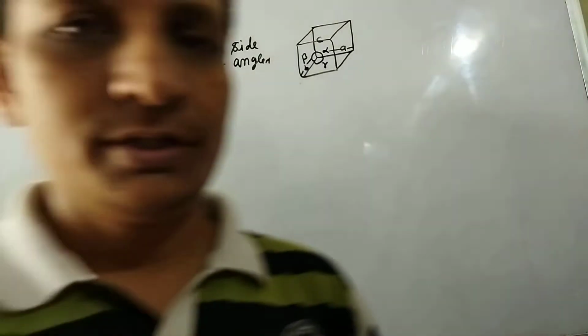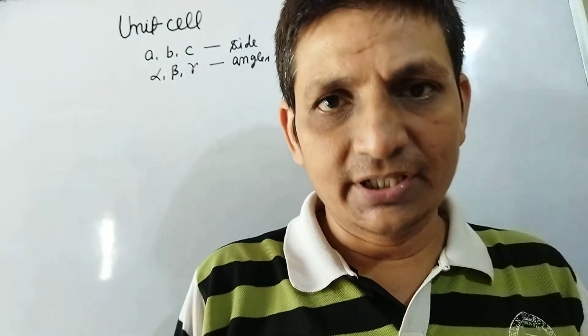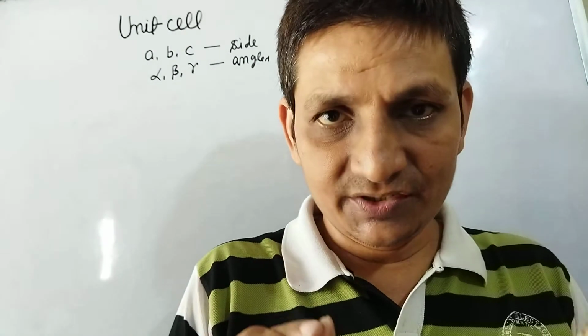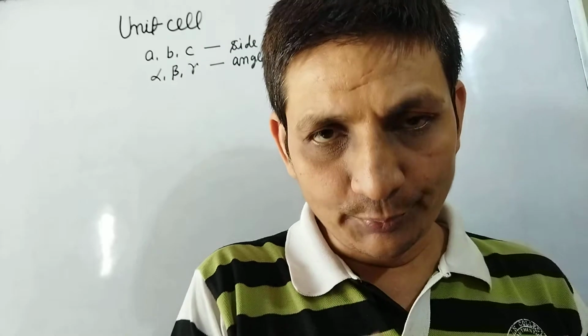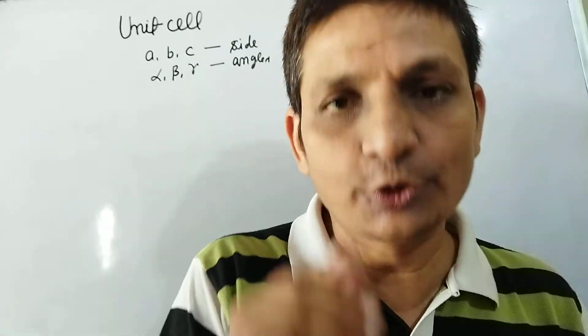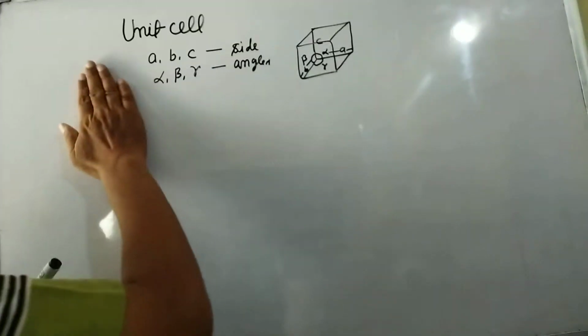Now, student, unit cells are of two types. First is the simple or primitive unit cell. Second is the non-primitive unit cell or centered unit cell. So now I am telling you the types of unit cell.